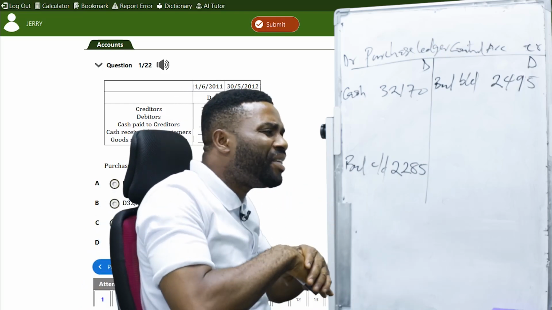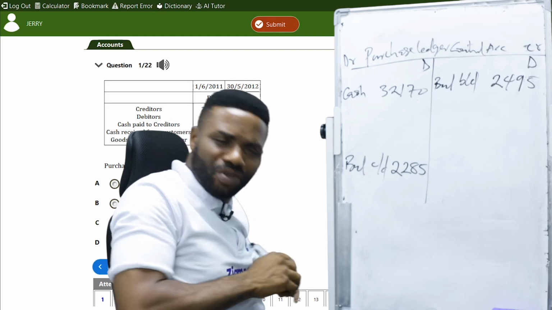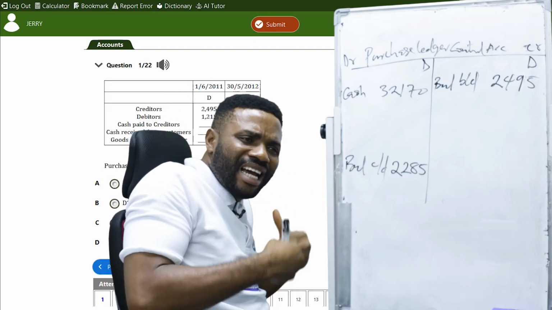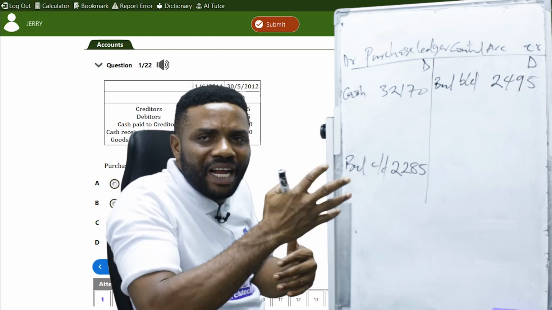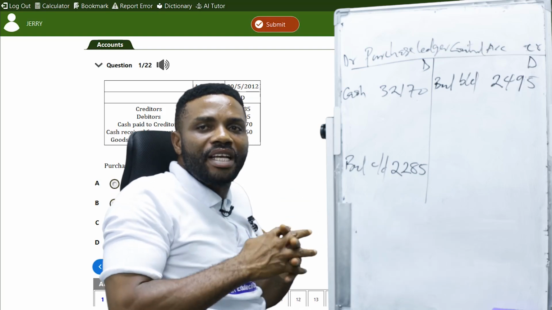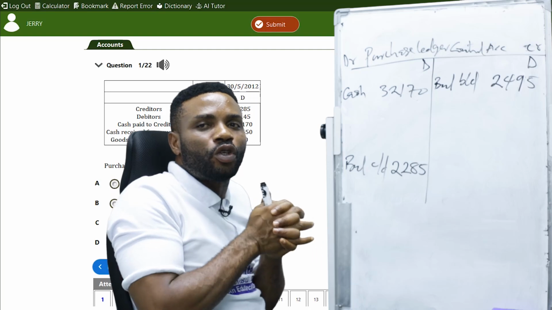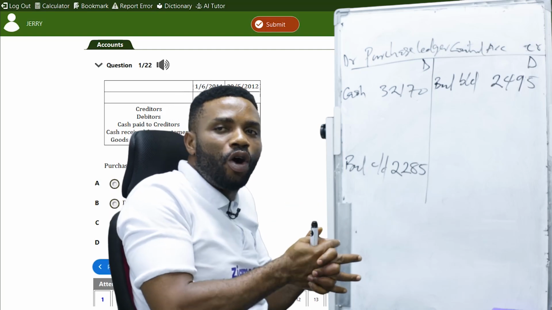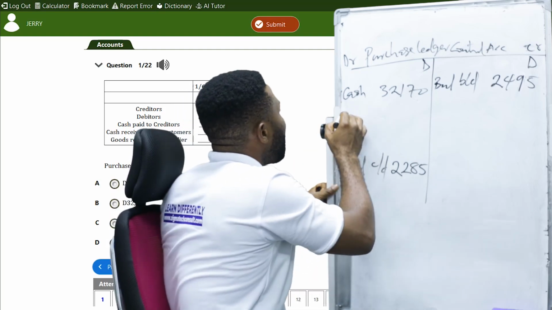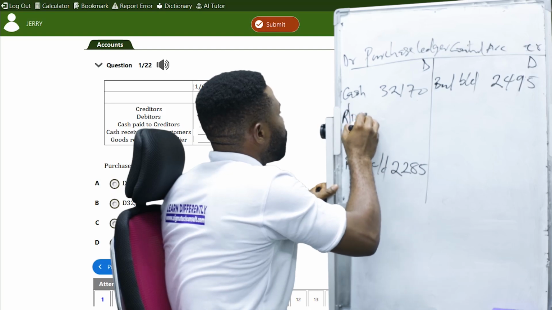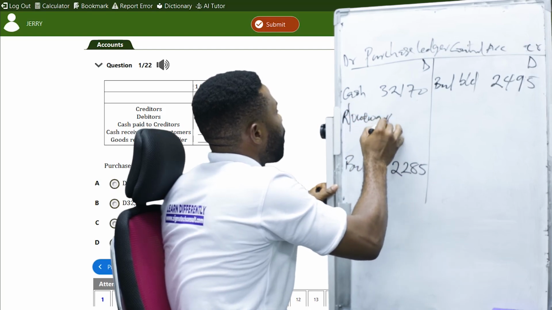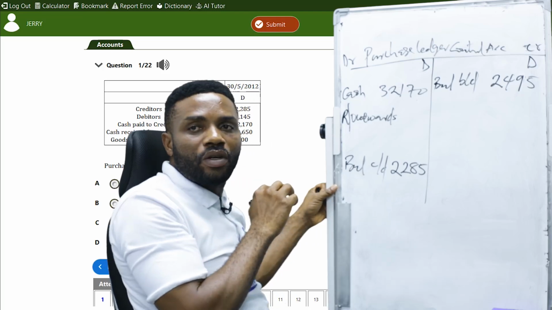We don't have any business with people that are owing us. We are concerned about people we are owing. So you skip that transaction. The next one is goods returned to suppliers. Another name for goods returned to supplier is return outwards. So you just write returns outwards. Outwards is 500.